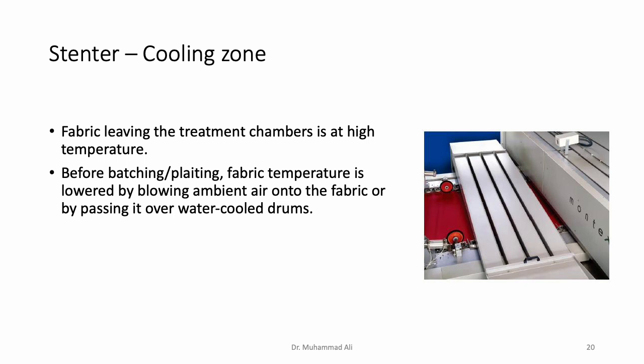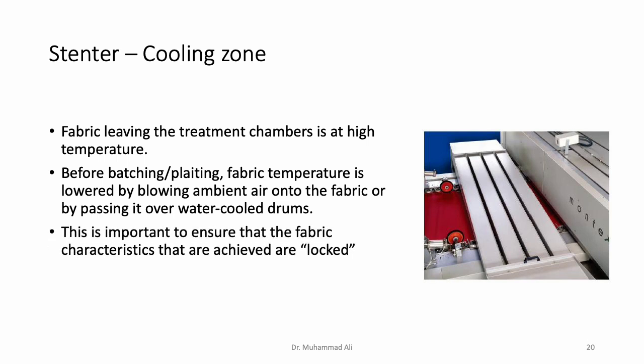This is required to lock the processing conditions on the fabric. So whatever treatment you have carried out, you have to bring the fabric below that temperature so that its characteristics are locked. And this can be simply done by blowing ambient air on the fabric. That sort of cooling system or cooling zone is just called an air cooling system.